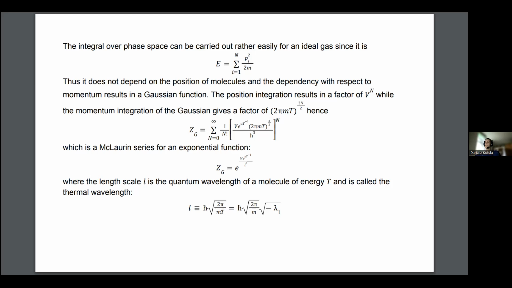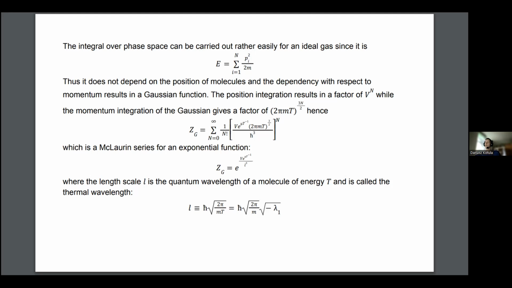Thus, it does not depend on the position of molecules, and the dependency with respect to momentum results in a Gaussian function. The position integration results in a factor of V to the power of n, while the momentum integration of the Gaussian gives a factor of 2 pi mT to the power of 3n over 2.